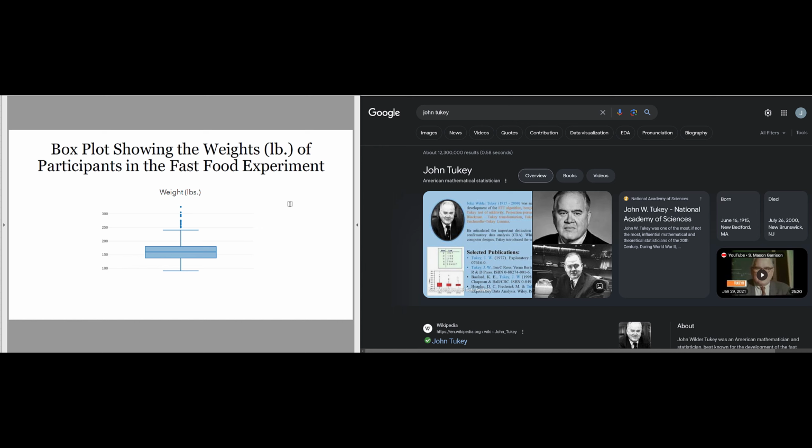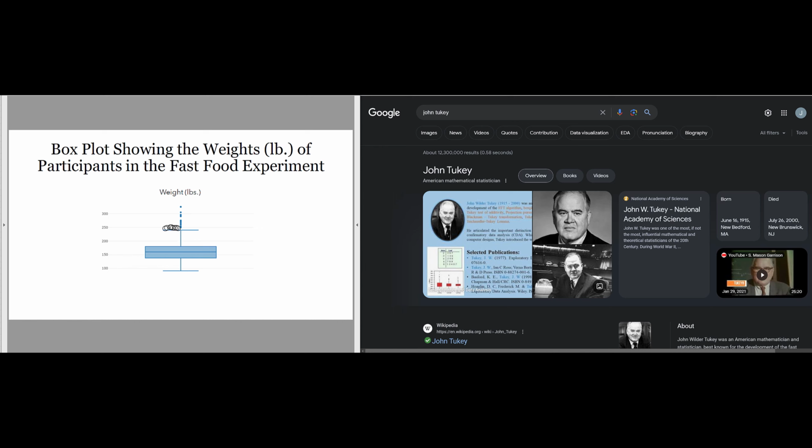Okay? So this, it's a simple plot. It's a simple image. And yet, it does a vastly, vastly, vastly better job of providing intuition about what's going on with this data set compared with the ordinary histogram. We have the median, this line in the middle of the box. We have the interquartile range, the middle 50% of the data points. We have the lower quartile, and we have the upper quartile.